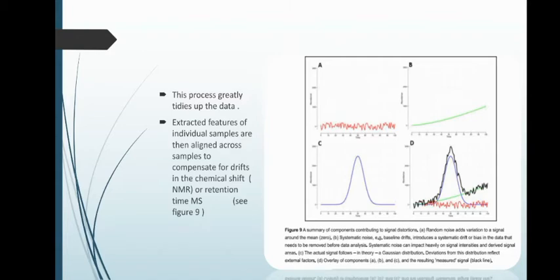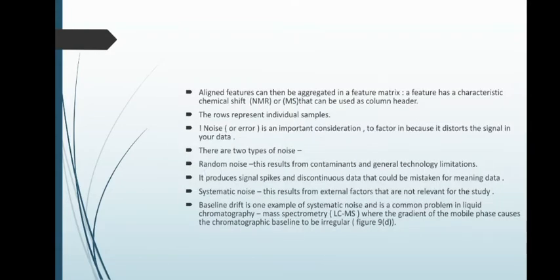Noise or error is an important consideration because it distorts the signal in your data. There are two types of noise in metabolomic studies: random noise and systematic noise.